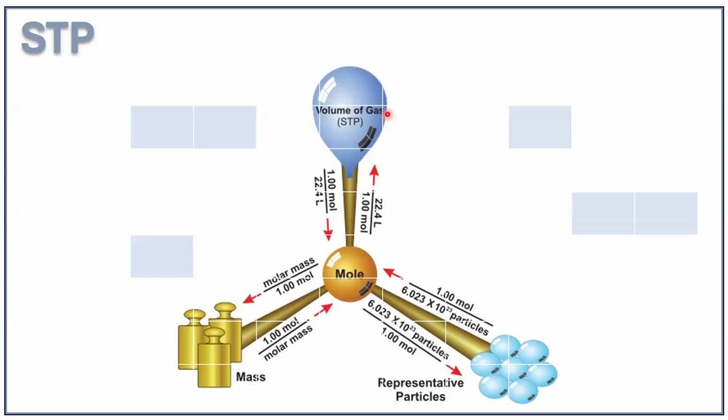A gas always expands. Avogadro's law is applicable only for gases, not for solids or liquids. So this is how you convert 1 mole into volume, number of particles, or mass.